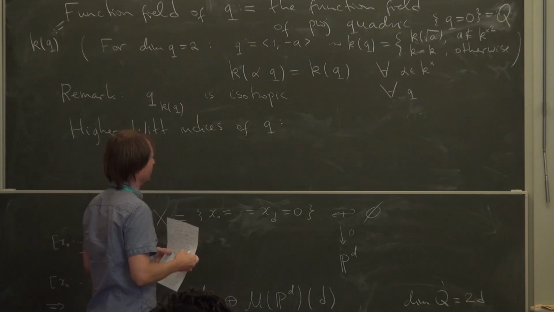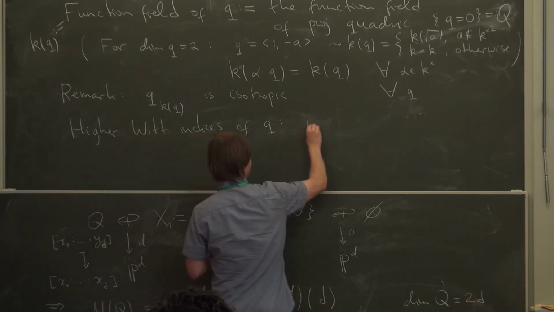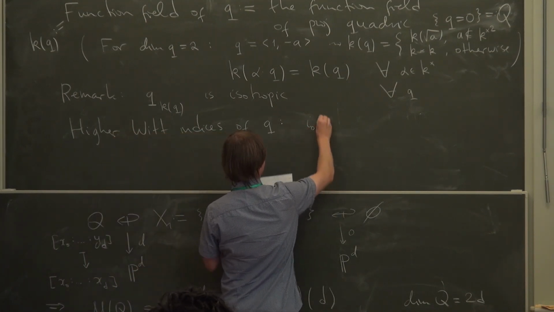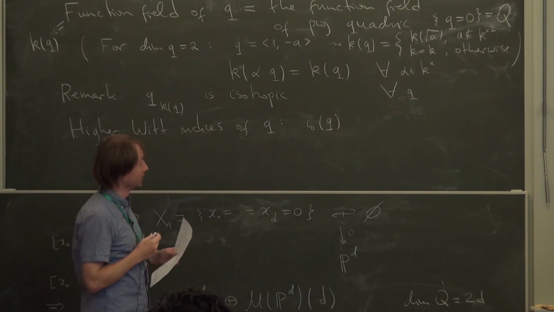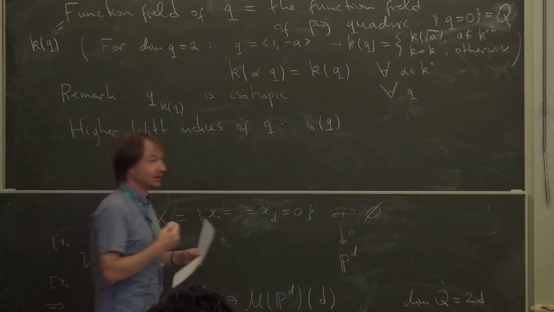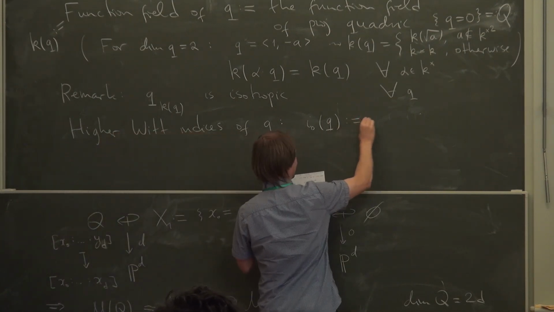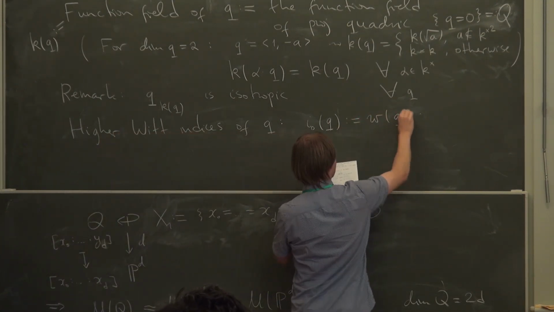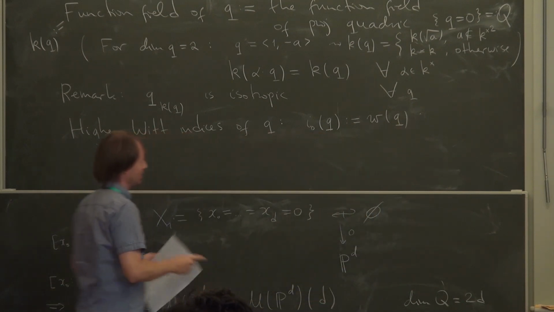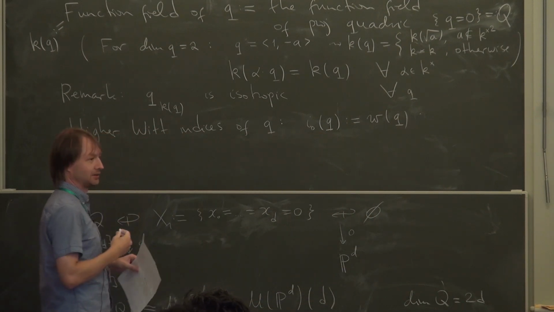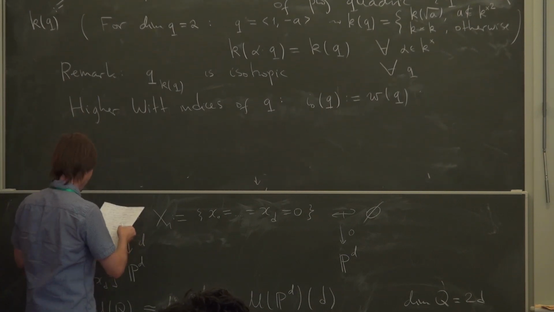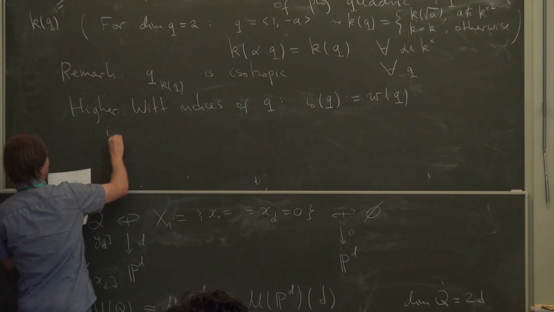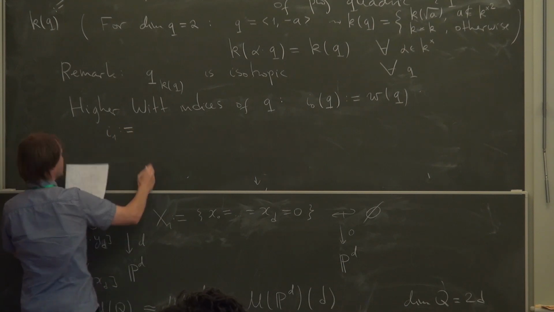Well, we start with the zeroth higher width index. It will be the old width index, the usual width index of Q. But then the first higher width index, so this is already quite interesting. So I1, we define it as follows.